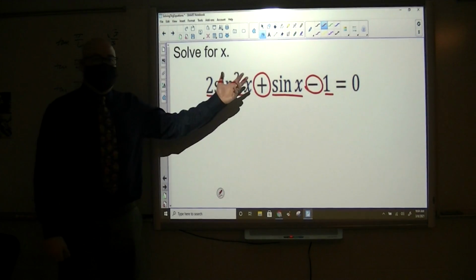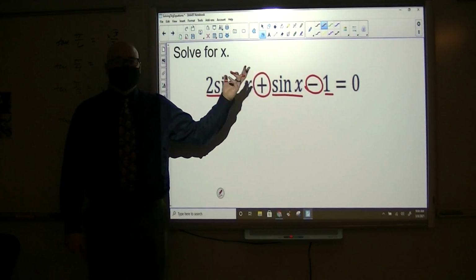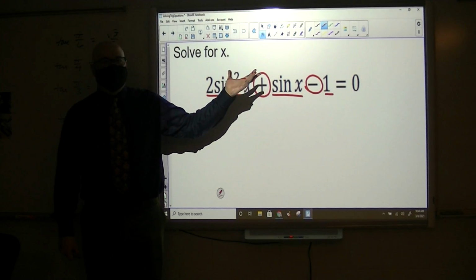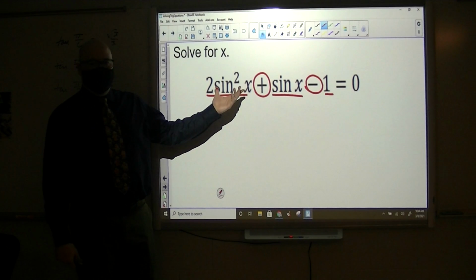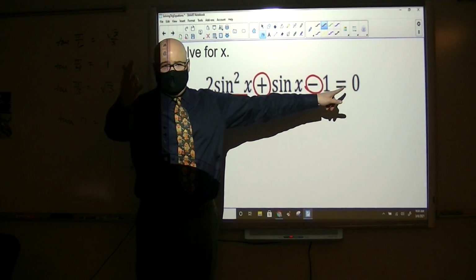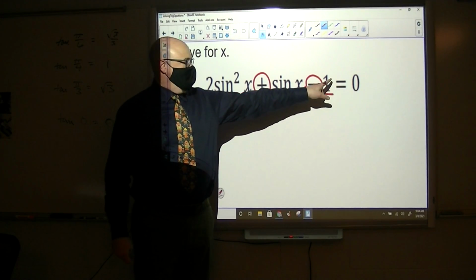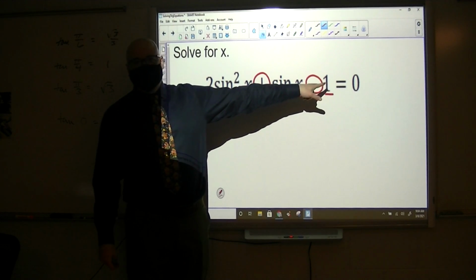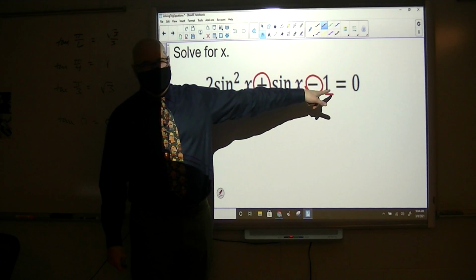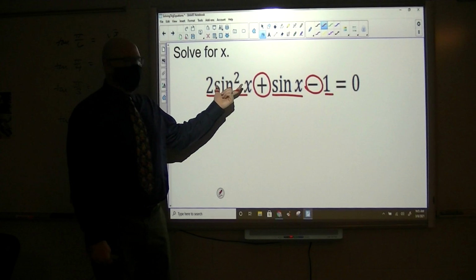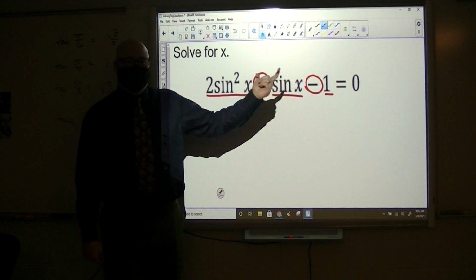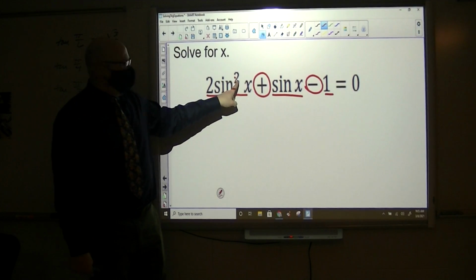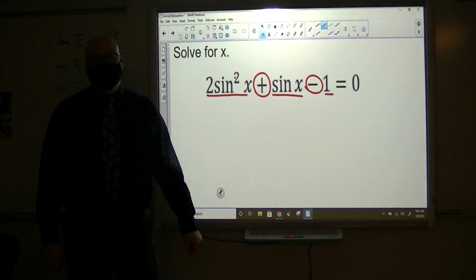Now the bones of this problem should look familiar. What do we have? We have a squared term in the front. We have the floating constant that has no variable term with it. And then that thing that was squared in the front is not squared in the middle. So we would call this a quadratic trinomial, right?